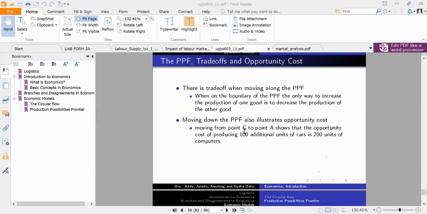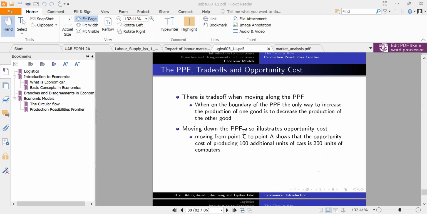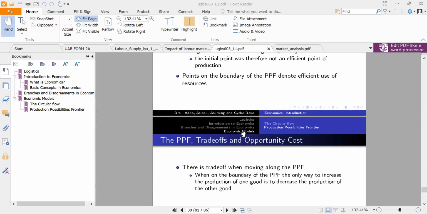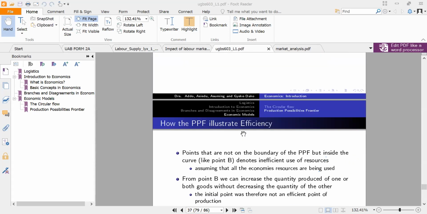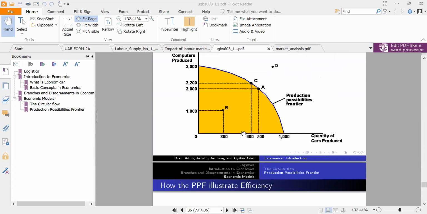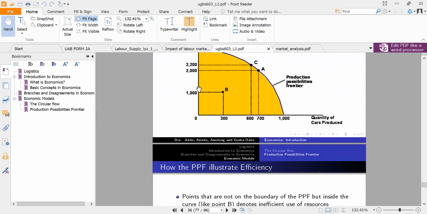Moving from point C to point A shows that the opportunity cost of producing additional units of cars is 200 computers. If you reduce the cars by 100, then you are getting 200 computers.